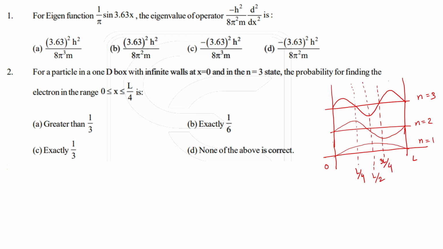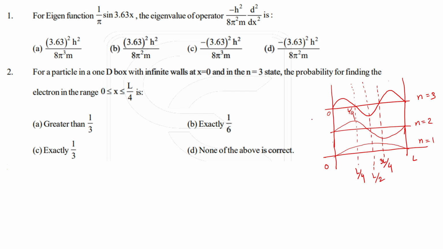So they are asking about this part, what is the probability of finding your electron in these locations, 0 to L by 4, between these. Okay, so the options are greater than 1 by 3, exactly 1 by 6, exactly 1 by 3, none of the above is correct.